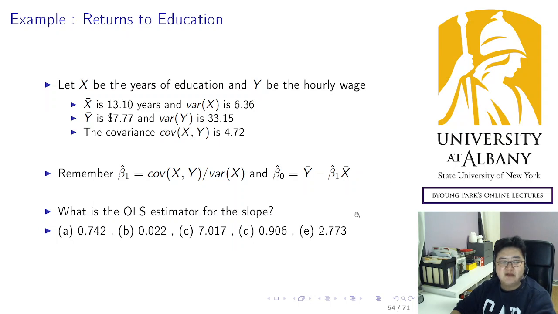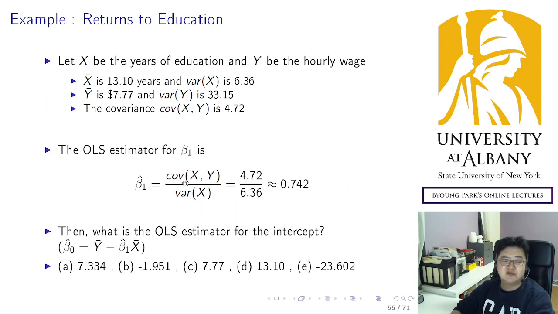Okay, if you did the algebra, I'll show you the answer. The answer is pretty simple. The slope is covariance divided by the variance of the independent variable, the explanatory variable. Here it is x, it is education, right?